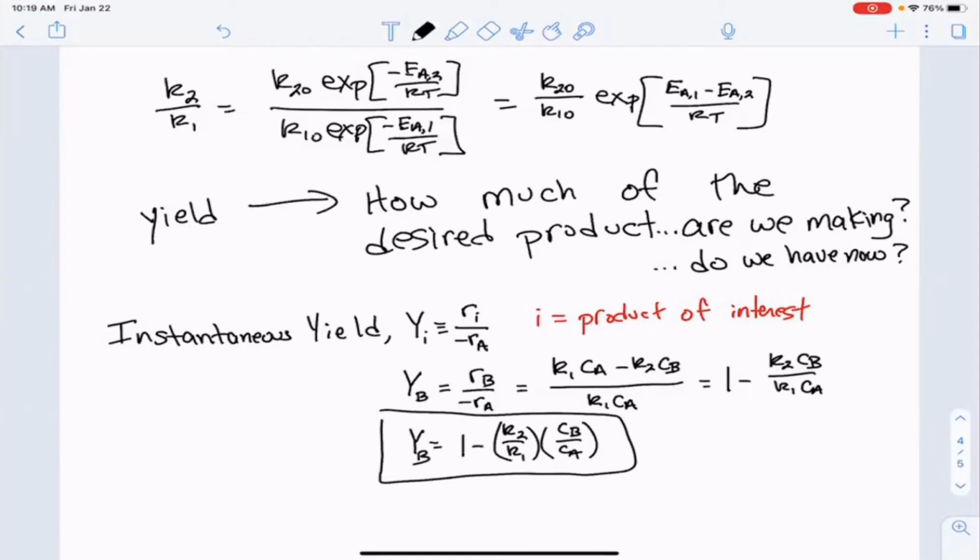In a batch reactor, though, that might not be the best figure of merit. Maybe in a flow reactor, that will be fine, and we'll revisit yield when we talk about flow reactors later. In a batch reactor, we're trying to set it and forget it for some amount of time.